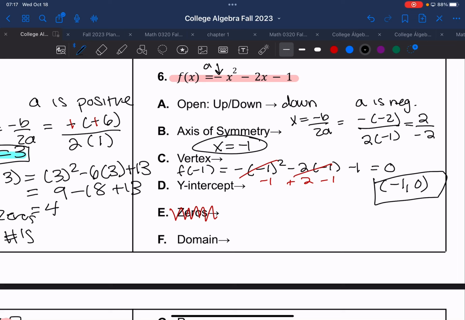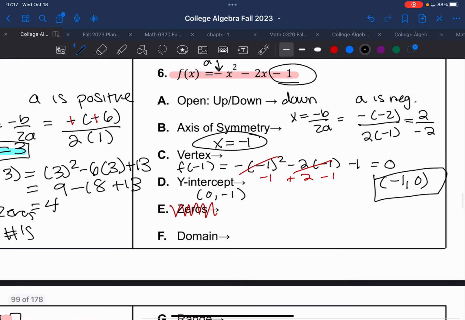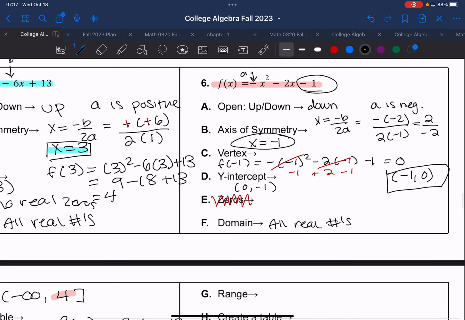Without doing any math, just looking at our equation, what is our y-intercept? 0, negative 1, because it's always going to be 0 comma that last value. Skipping the zeros for now. What is always the domain? Okay, all real numbers. And the next question is the range.